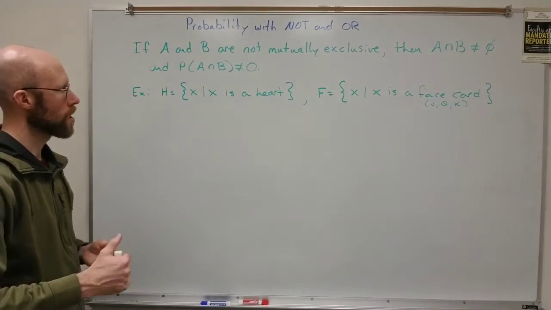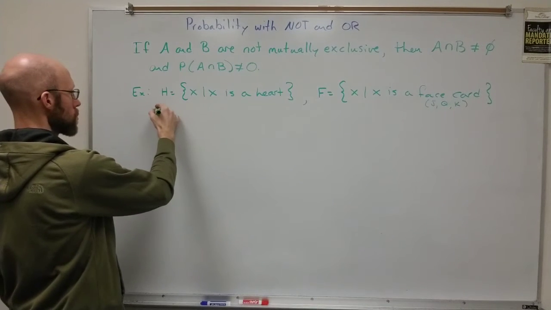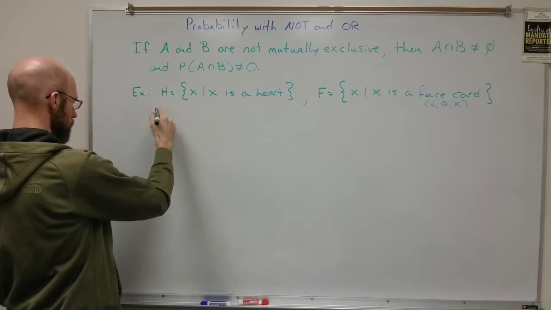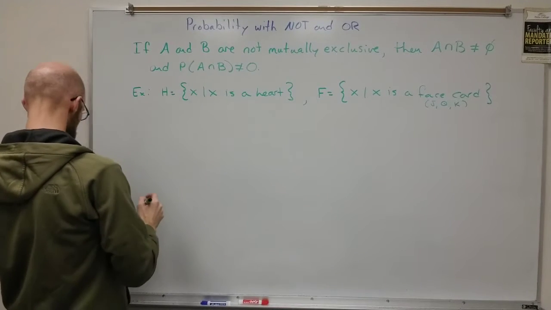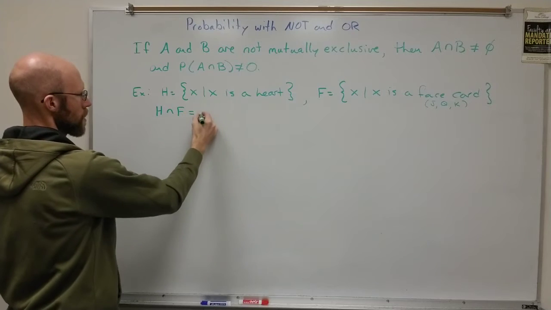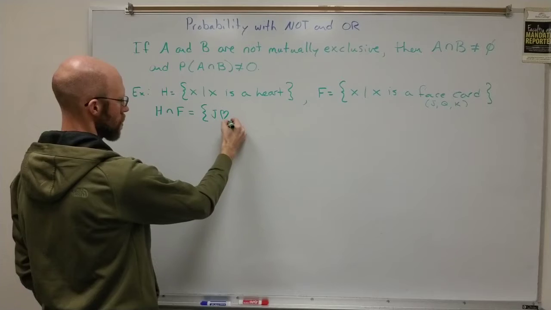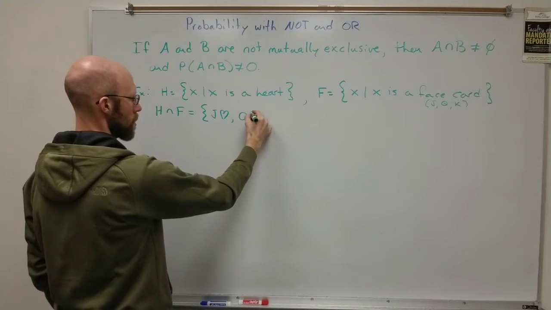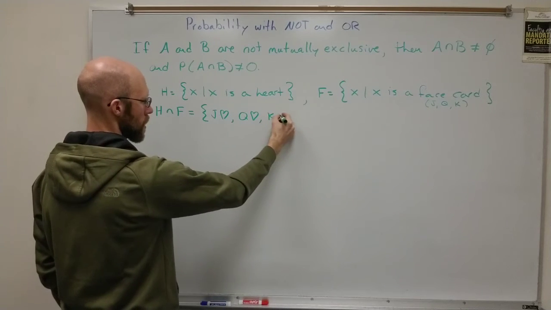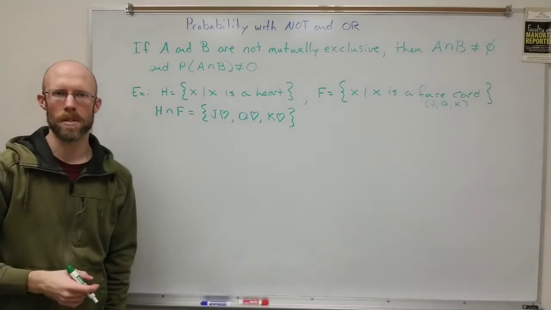So that means that in this case, the intersection of the two, H intersect F, is equal to the Jack of Hearts, the Queen of Hearts, and the King of Hearts. So there are three elements of that set.